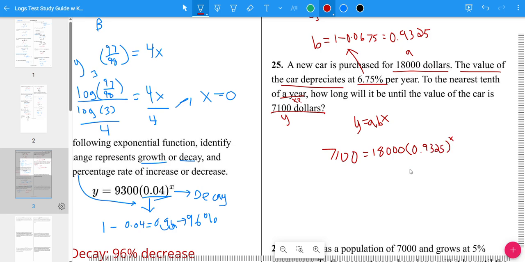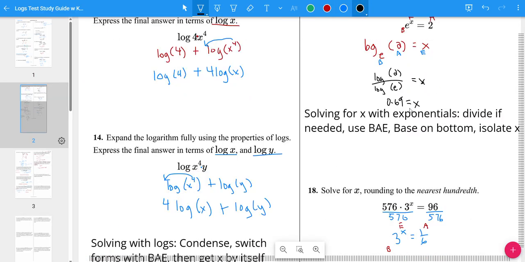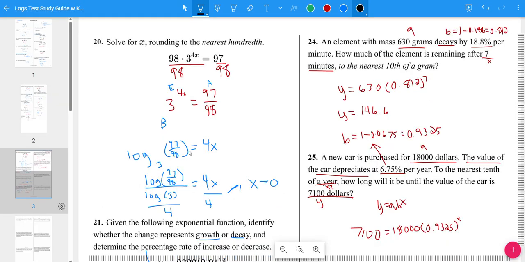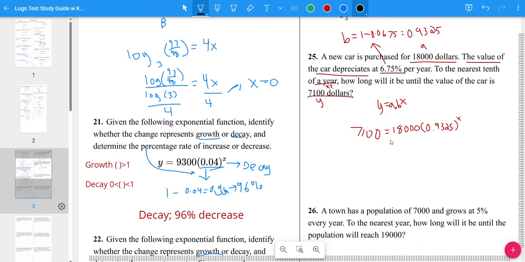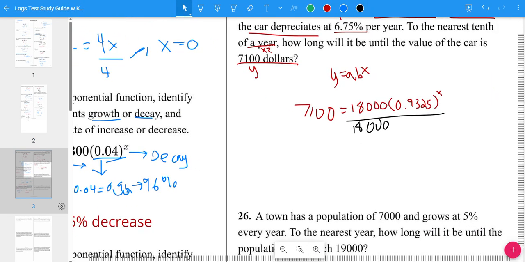Okay. So first thing, this becomes a lot like 17. If needed, use base on bottom, get x by itself. Same thing here, just with weirder looking numbers. We're going to divide by 18,000 on both sides.